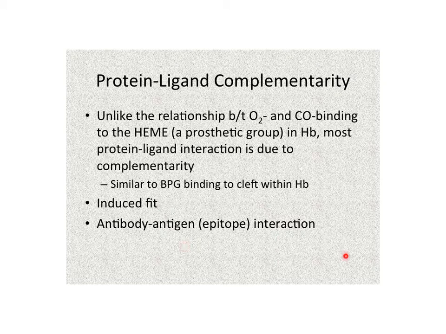One example that they like to show is the antibody-antigen, which is also called an epitope interaction, except at the same time, these interactions are so complementary to each other that they are almost impossible to break apart, okay, which is good for your immune system, but you wouldn't want to do this for everything. Because if you imagine if oxygen was bound like that, it would never be released. But they do like to talk about complementarity with respect to the antibodies and the epitopes.